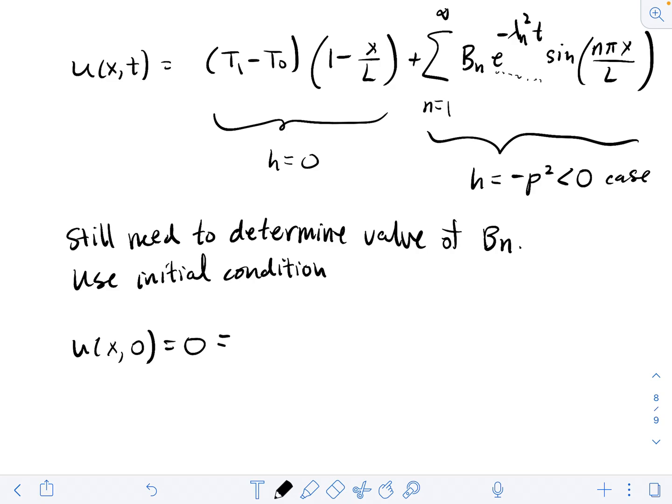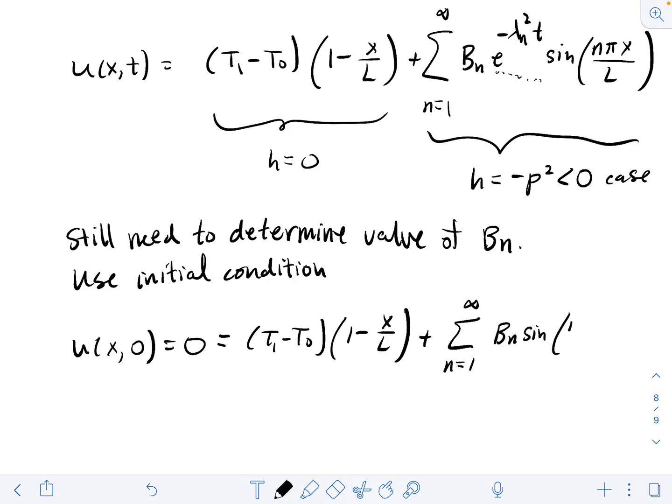And so what we get is T1 minus T0 times 1 minus x over L. The first term doesn't change, but then we have plus the sum from n equals 1 to infinity of bn sine n pi x over L. And that has to be equal to 0.